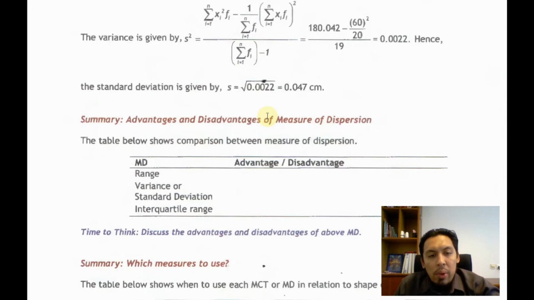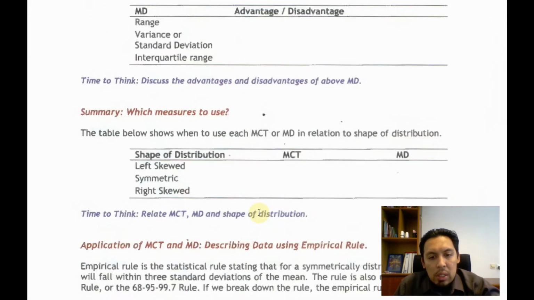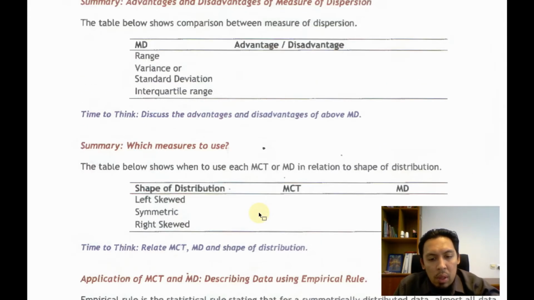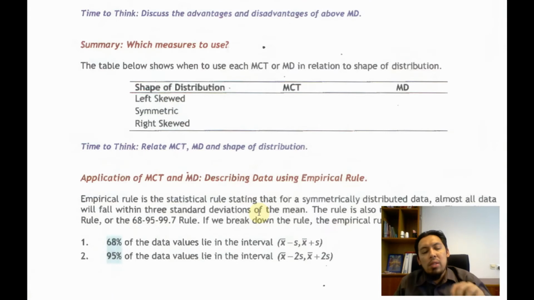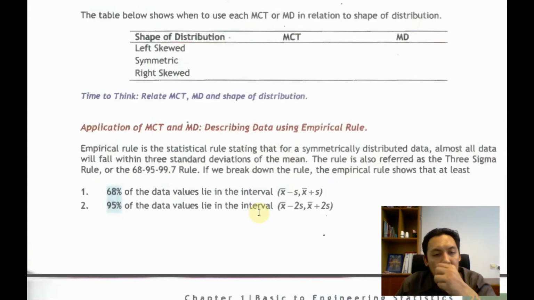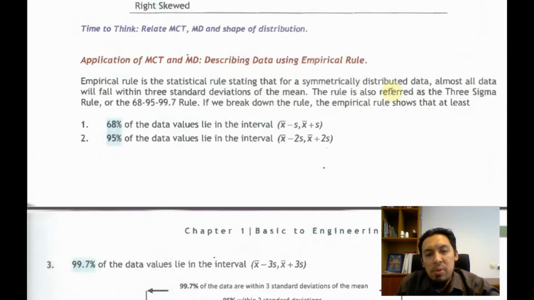So let's talk. We already talked about the advantages and disadvantages of all of this. So let's look at application of MCT and MD using the empirical rule. All right, the empirical rule is a rule of thumb in statistics.